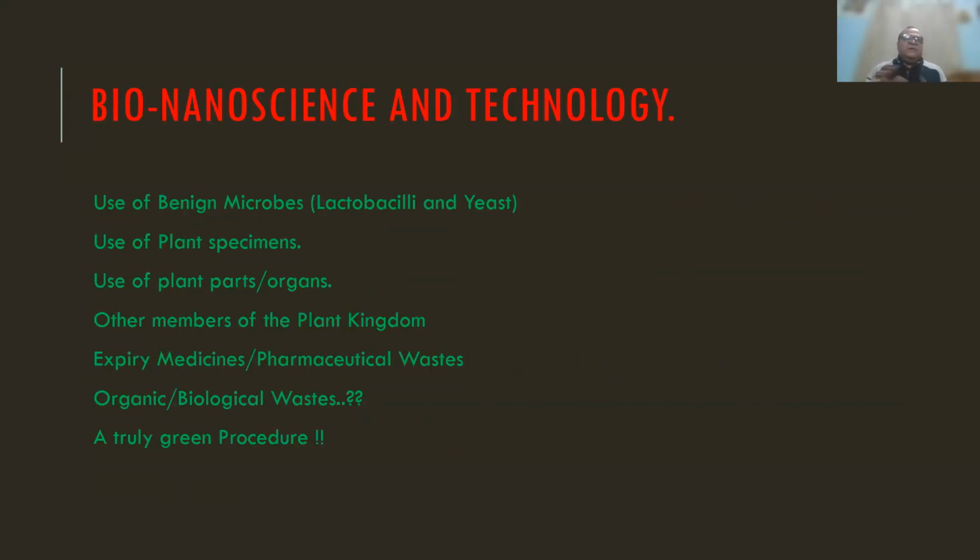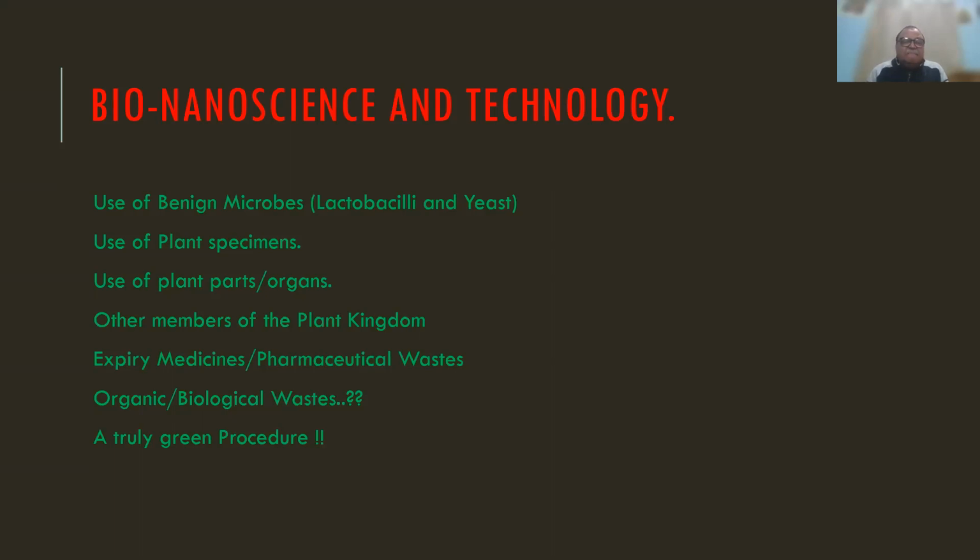What we take into use is nature: benign microbes, plant specimens, plant organs, leaves, fruits, even roots. All these things we will see in subsequent slides. And then other members of the plant kingdom, gymnosperms, pteridophytes, bryophytes, and other members.